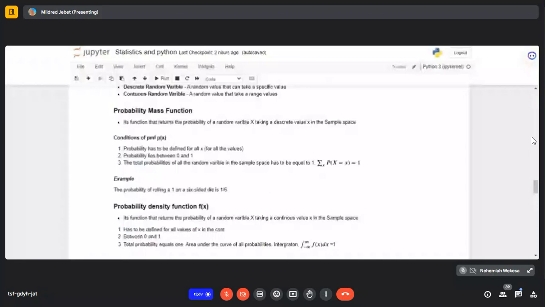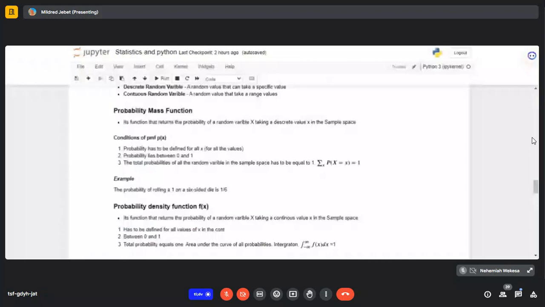Because I cannot have a specific value, that's when I use the probability density function. So I'll integrate. Let's say I ask, what's the probability of having a weight of 65? I'll integrate from 60 to 65. So it is between ranges of something. Yeah, it's between ranges of something.